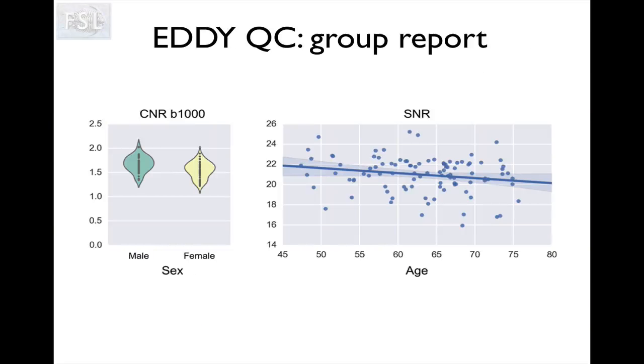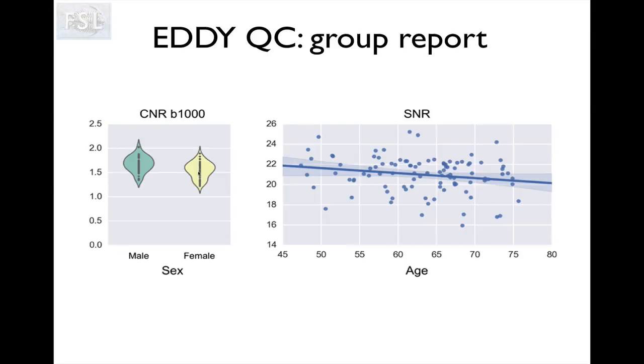Another thing that EDDY QC can do is take all your data and visualize key metrics from your data. In this case it is the contrast to noise ratio, in this case the signal to noise ratio, visualized against a categorical or parametric variable. So you can look at the contrast to noise ratio for males versus females, which can be important.